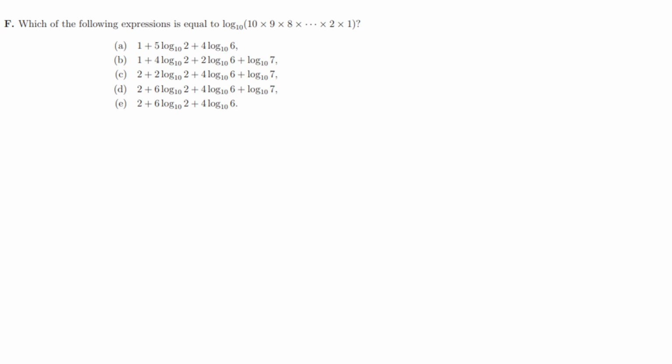So we start with log of 10 times 9 times 8 times and so on all the way to 1. Now there are two important log rules to remember here.